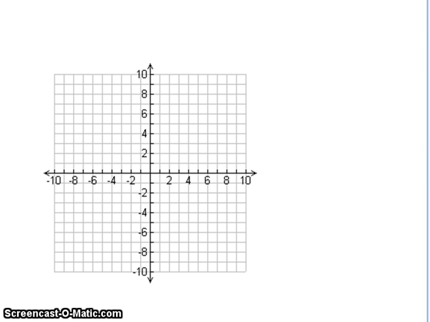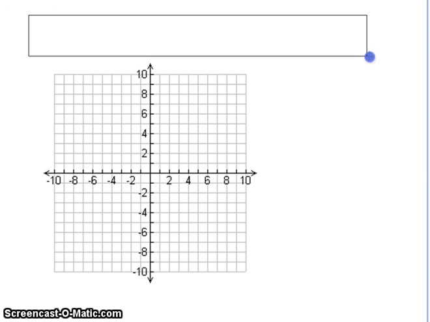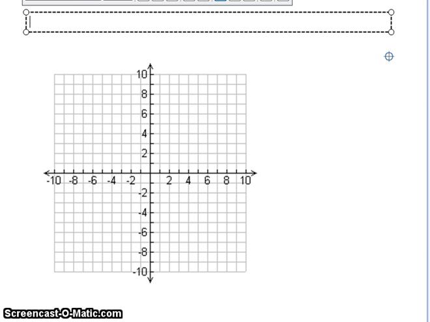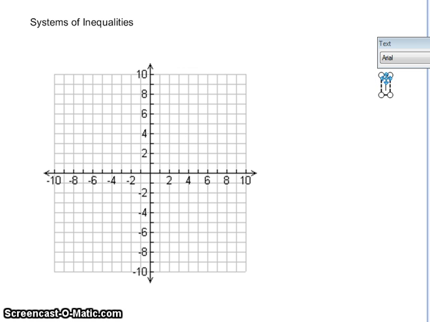So with that being said, the first thing is we have to decide what we are talking about today. The past 2 days, you all have talked about systems of equations. And today, we are going to talk about systems of inequalities.